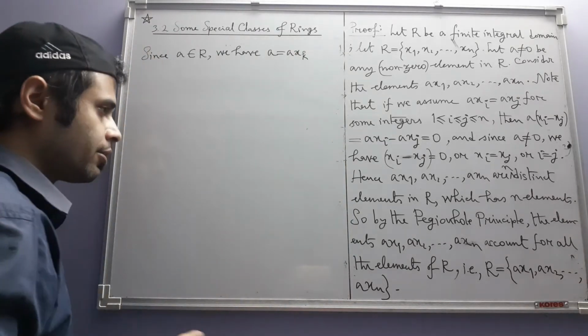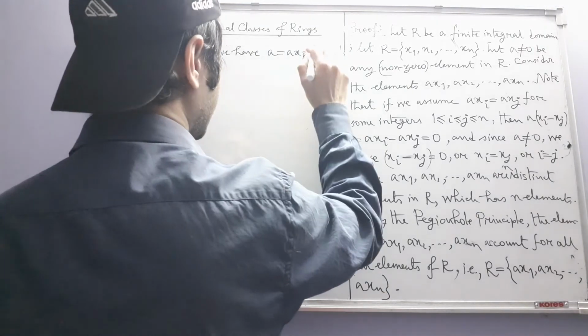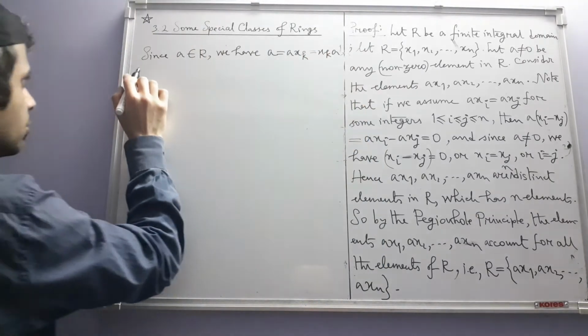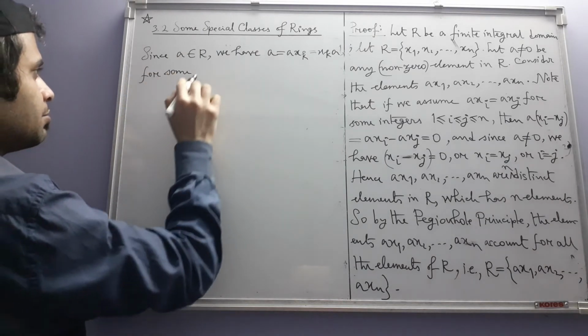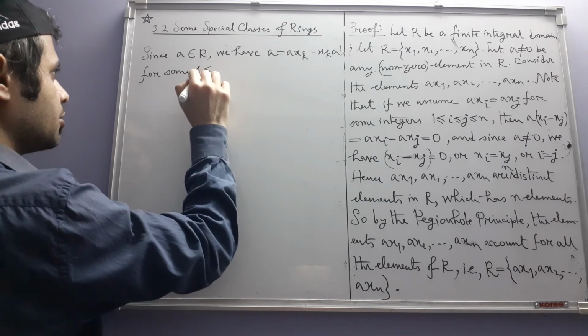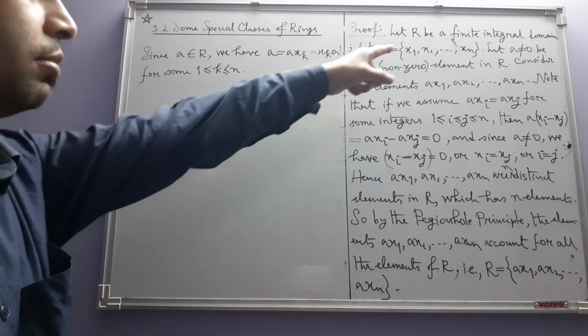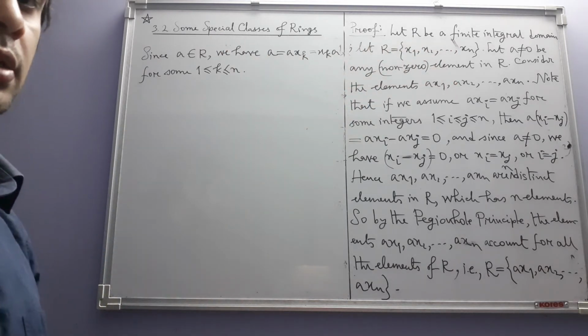Herstein uses i naught, but let's not complicate matters more. a is equal to axk, which is also equal to xka, for some k lying between 1 and n. Keep in mind that we are in an integral domain, so commutativity is there with us.